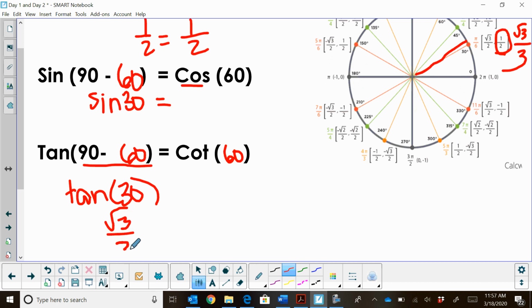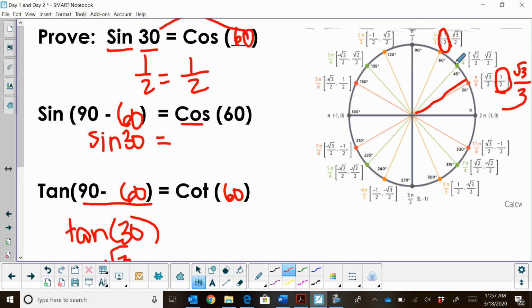And what is the cotangent of 60 degrees? Well, that is root 3 over 3, which remember, cotangent is your cosine over your sine. I'm sorry, I did that backwards. I just wrote the tangent instead of the cotangent.